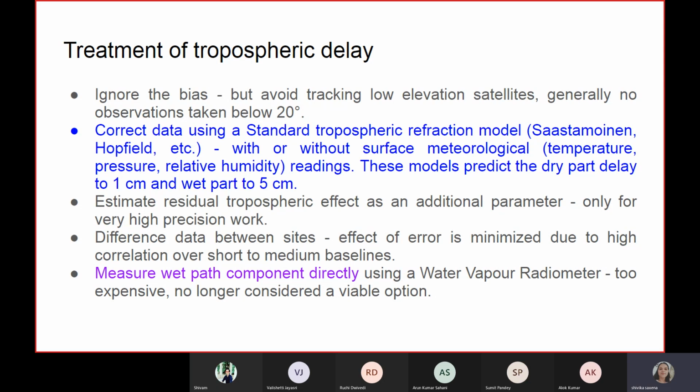These instruments give us the value of precipitable water directly. So from that we can compute the zenith wet delay. But most of the time the instruments used are costly, so not a viable option.